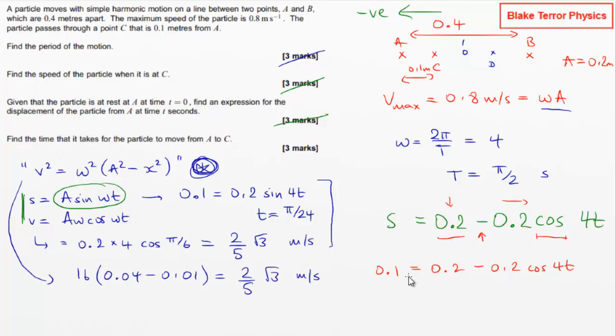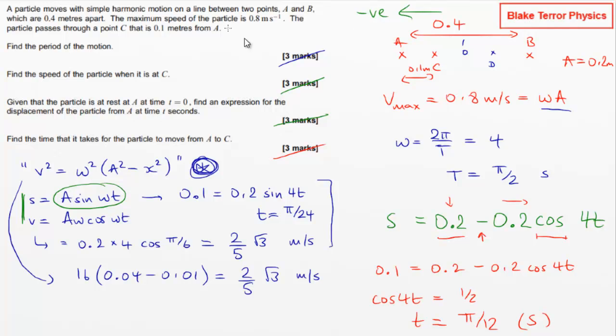So we just need to put all of that together. So we've got 0.1 divided by 0.2, so cos of 4t is equal to a half. So 4t is going to be equal to pi by 3. So t will be equal to pi divided by 12 seconds. So that's just solving a fairly simple trig equation.